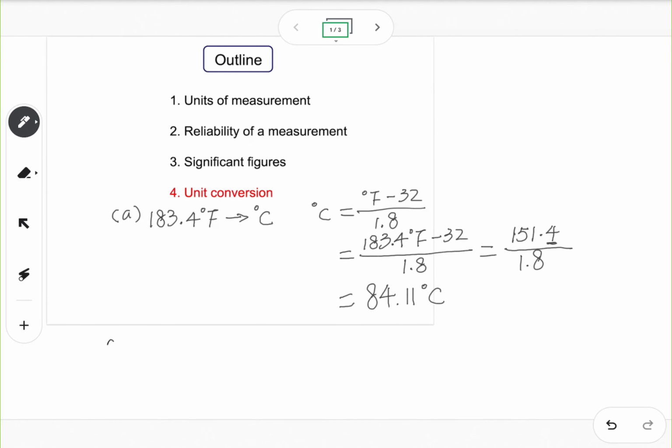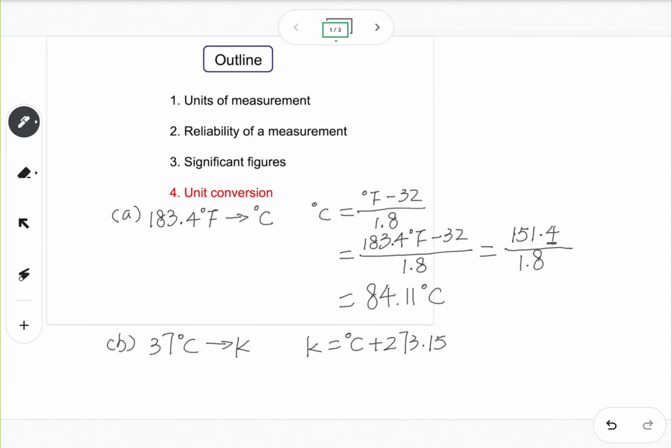Now example B: let's do the conversion from 37 degrees Celsius to Kelvin temperature. This calculation is a little more straightforward. Remember the conversion between Kelvin and degree Celsius? Kelvin equals degree Celsius plus 273. You can use 273 or 273.15.